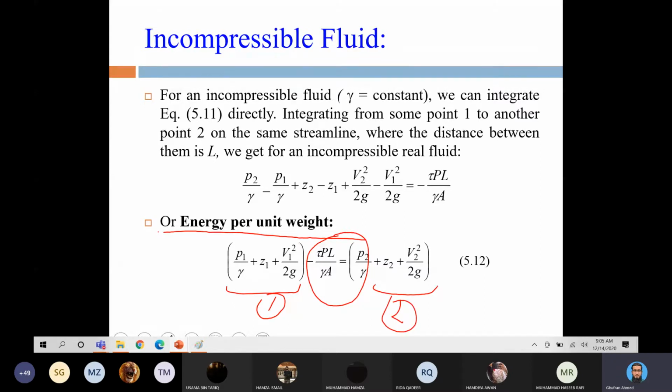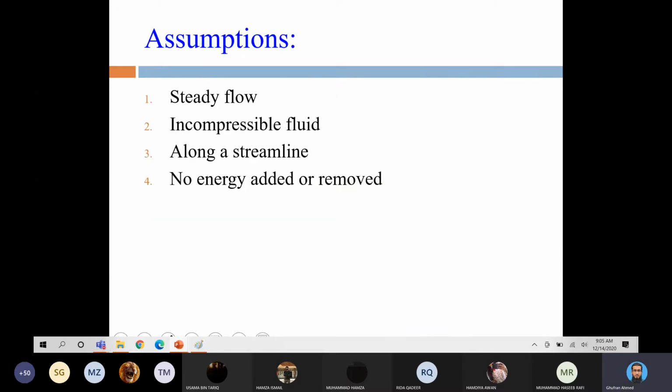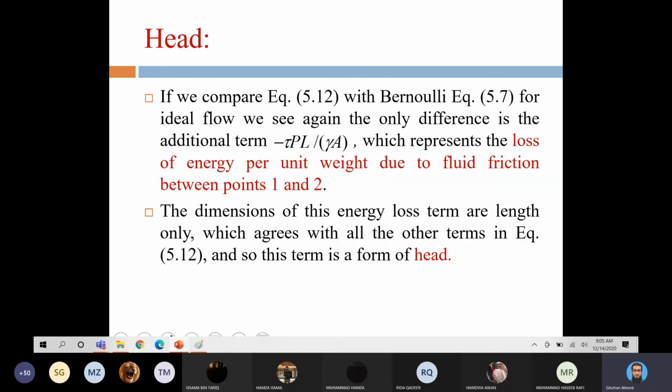The additional term is tau PL over gamma A, which is the shear force. Yes. So steady flow incompressible assumptions are same as that of the previous one for ideal fluid. No energy added or removed. Okay, so what is basically the head?